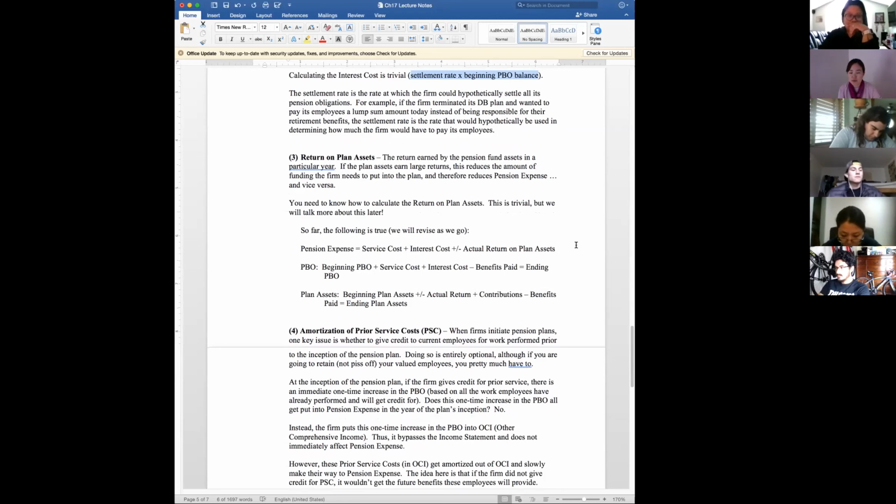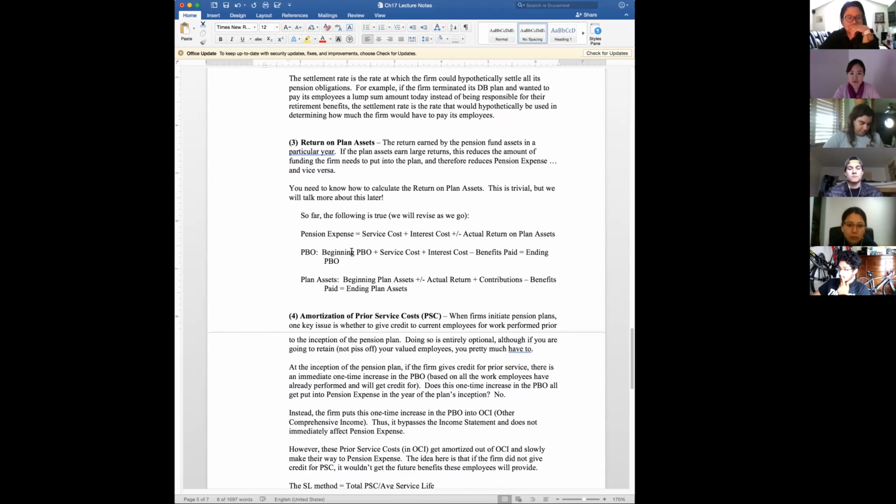But if this plan asset doesn't result in good return, then the company has to put more money into the plan asset. So for the return on plan asset, same thing, beginning plan asset balance, we apply the expected return or actual return rate. And in our class example, the expected and actual return will be given as the same rate. And then that way we can calculate the return on plan asset.